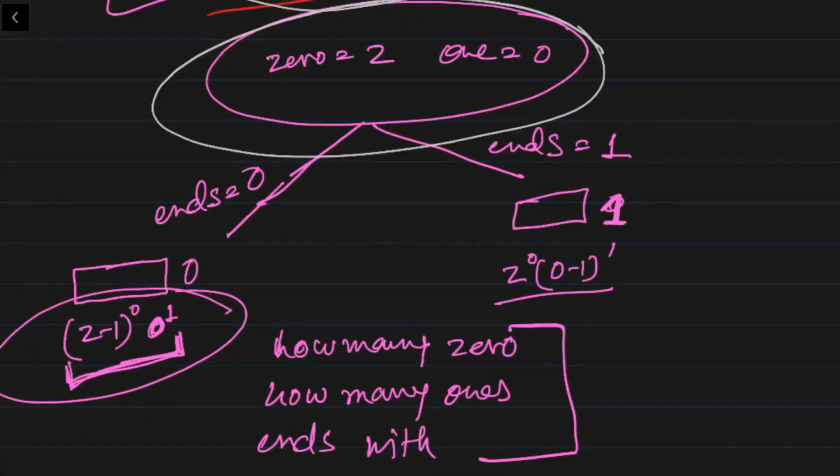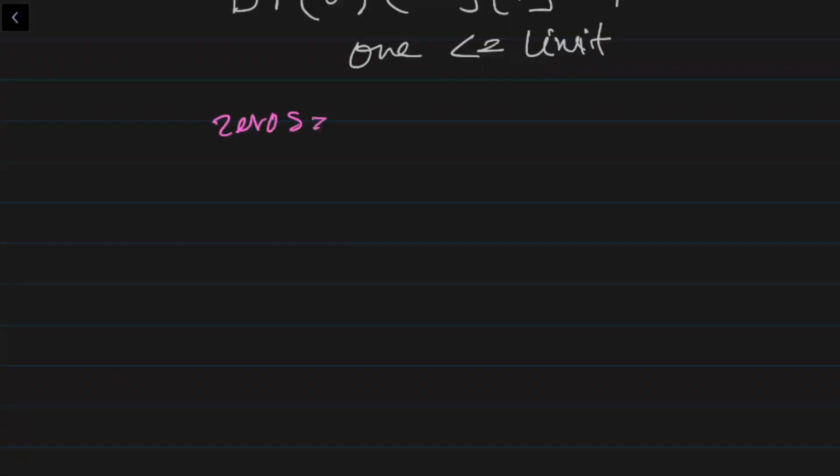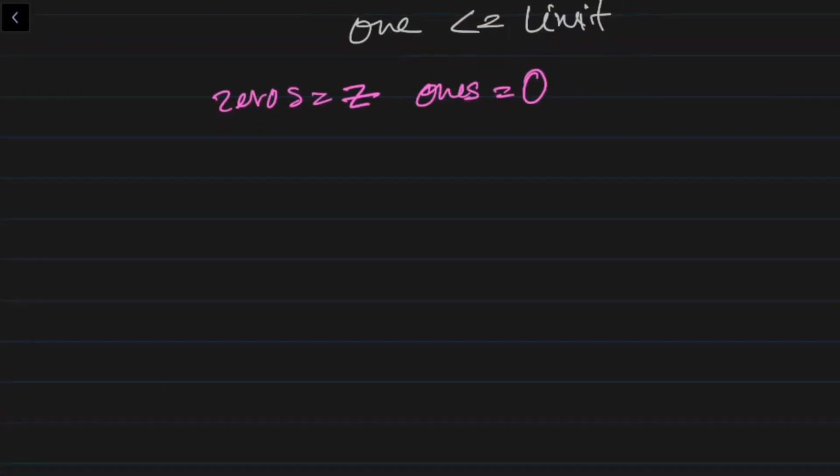Here we have already defined... let's take a stage when we have zeros equal to z, and ones equal to, let's say, 1. At that point, we have two situations: either the binary string ends with 1, or it ends with 0.